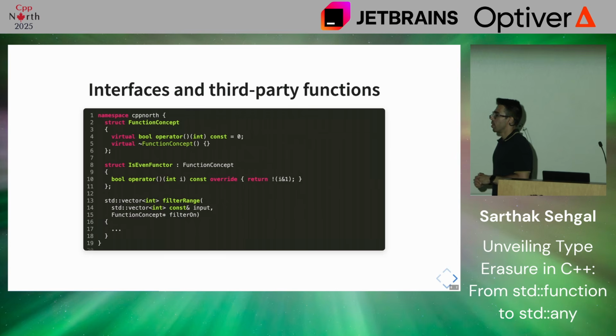Although I said that we can't use third-party functions, I lied. Basically, what we can do is, say there's an interface function concept that has this pure virtual method, takes an integer, returns boolean, the function call operator overload.